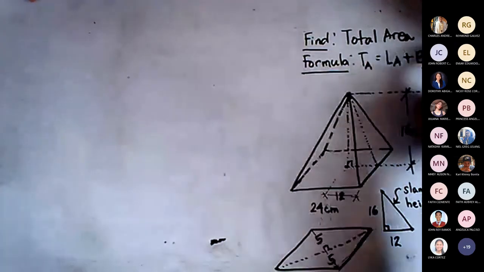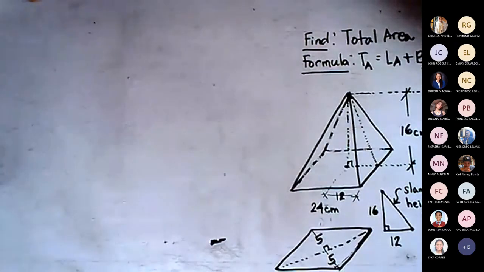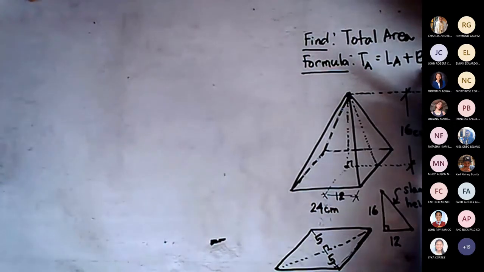So the same is true with what we have discussed previously. To determine the total area, that is simply equal to the lateral area plus the area of the base. So the question now is, what is the lateral area and what is the area of the base in order for us to solve for the total area?